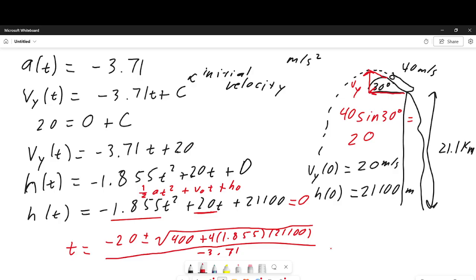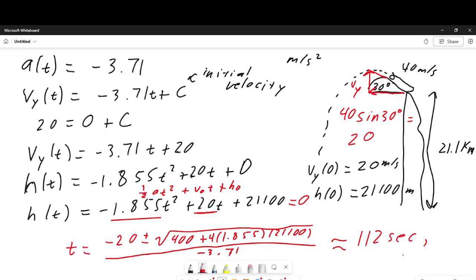Negative 20 plus x divided by negative 3.71 comes out to a negative. And then negative 20 minus x divided by negative 3.71 comes out to 112. So I get 112 seconds.